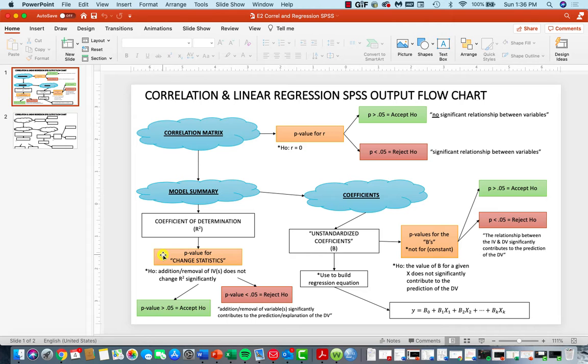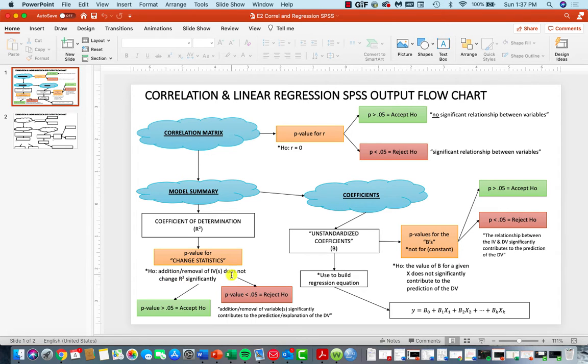Basically, what that sig column means is that your null hypothesis for that given choice, depending on the method that you're using, is that the addition or removal of a given independent variable is not going to change R-squared significantly.